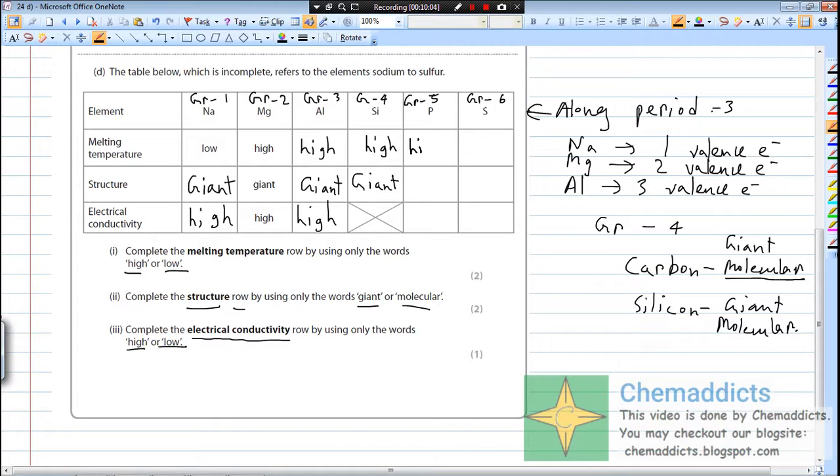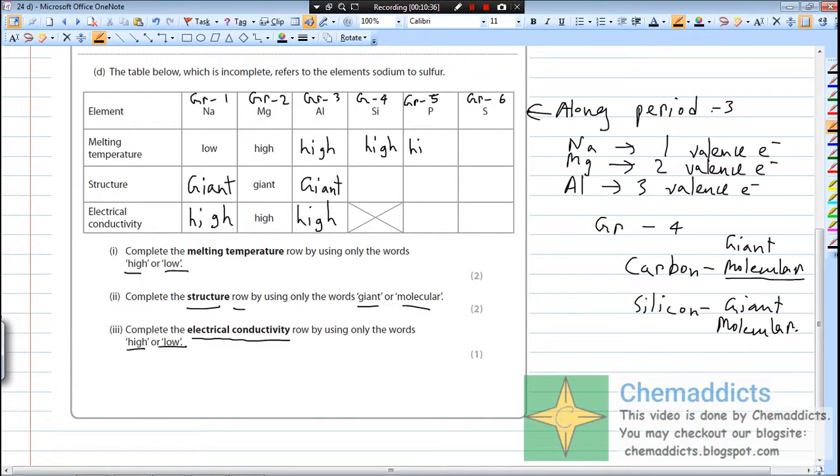Since group 4 elements are non-metal, it is expected to have giant molecular structure in group 4 elements. Okay, so as it is silicon, then this should be giant molecular, not giant, sorry.